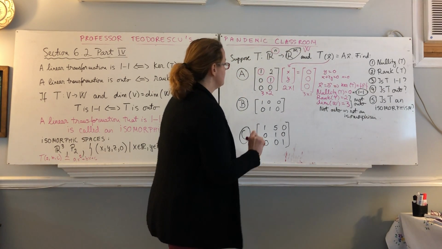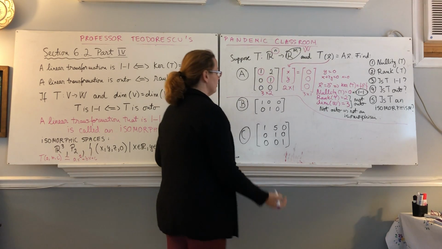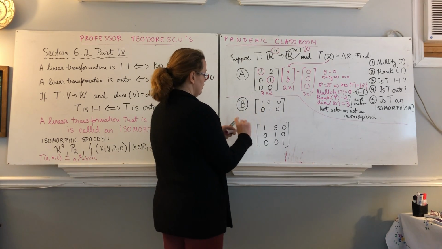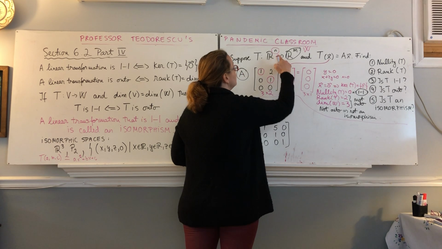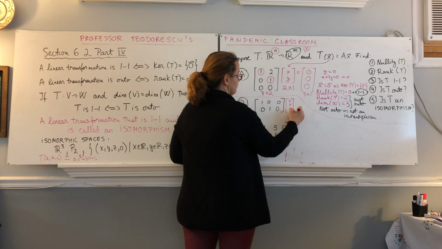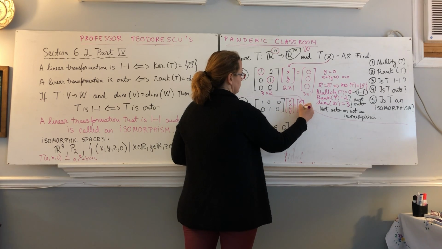Awesome. So that's done. Let's see. This problem, to determine nullity, would take three-dimensional vectors. So the domain is R3, and you would get vectors in R2.